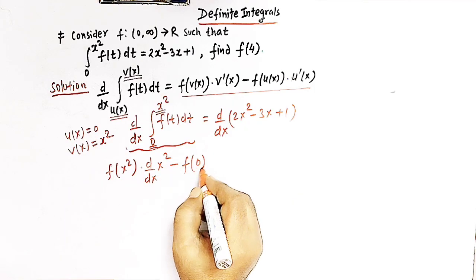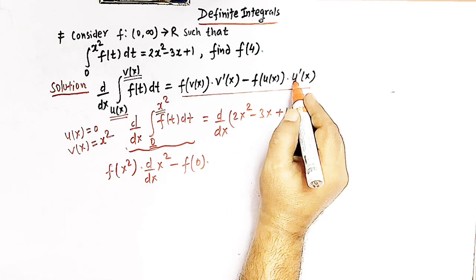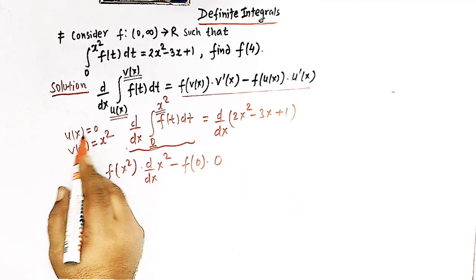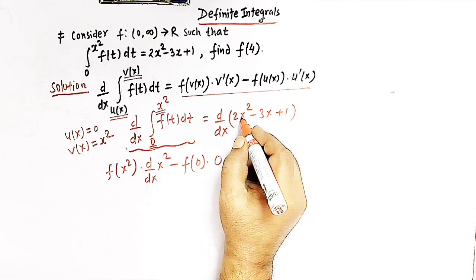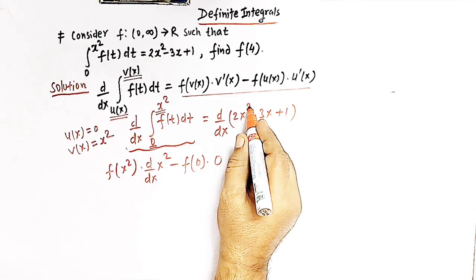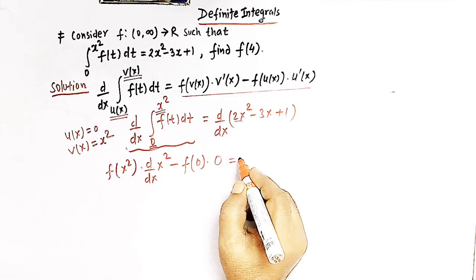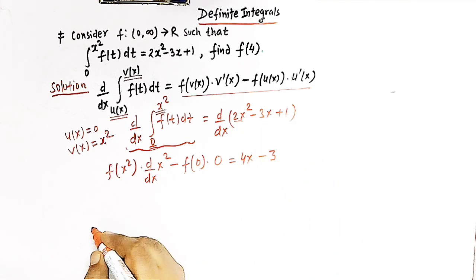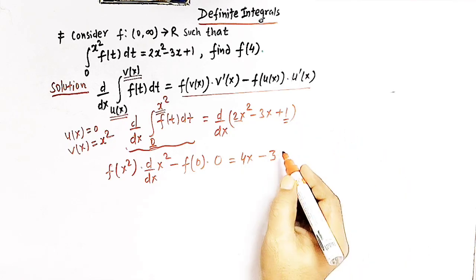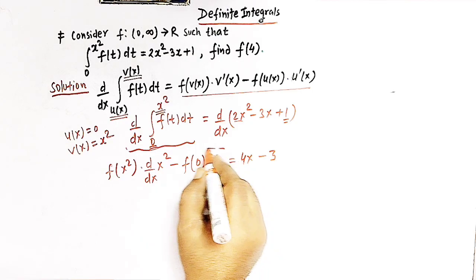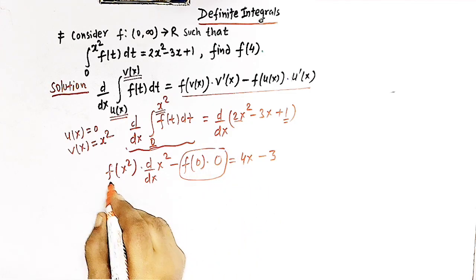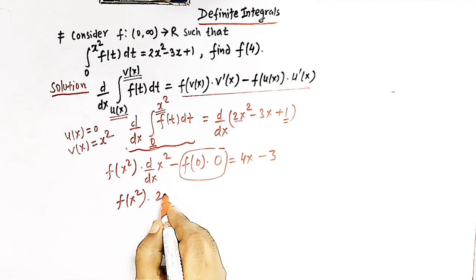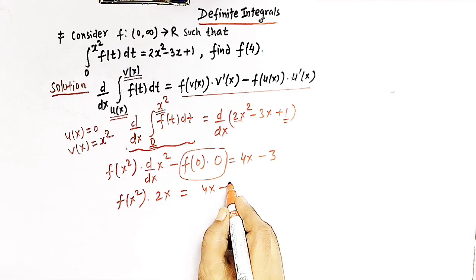U of x is 0, and here the derivative of u of x, because u of x is equal to 0, so here the derivative of 0 is 0, and here we have the derivative of x square as 2x, so this term is 4x, and here the derivative of x is 1, so here we have simply 3, and the derivative of 1 is 0 being a constant. So here this term reduces to 0, so we are left with only f of x square. Here the derivative of x square is 2x, and here we have 4x minus 3.